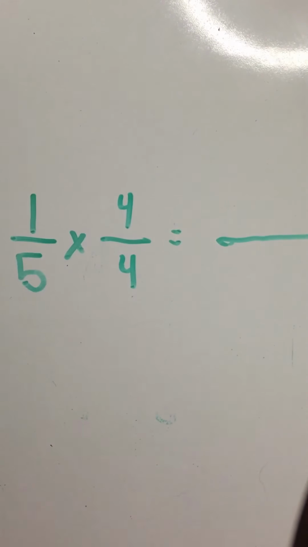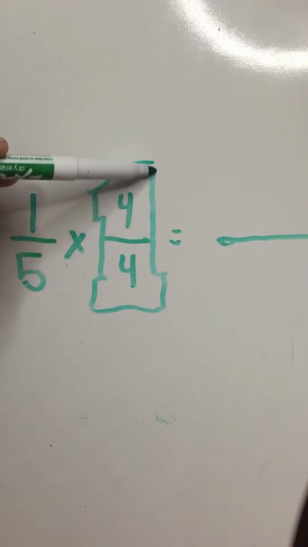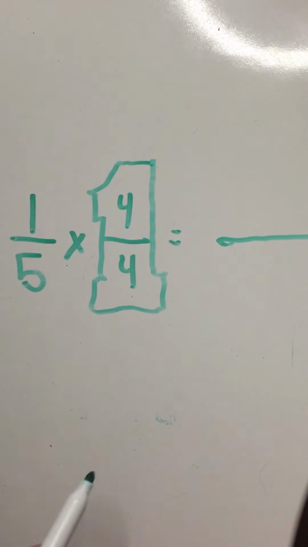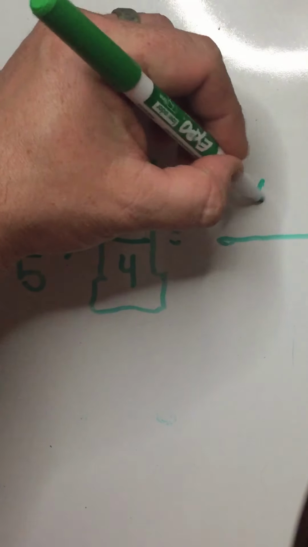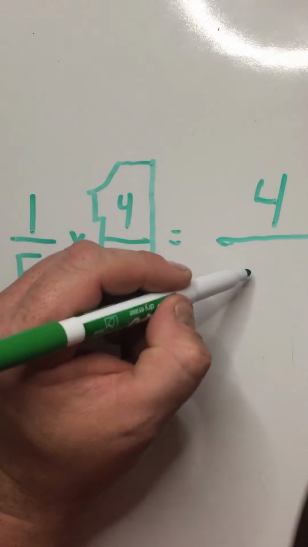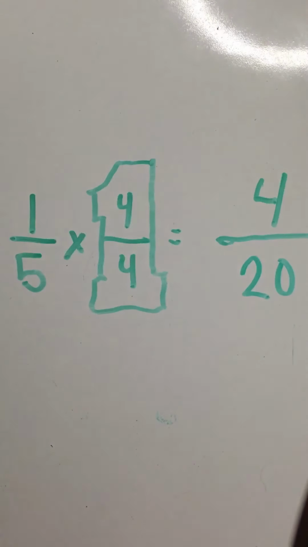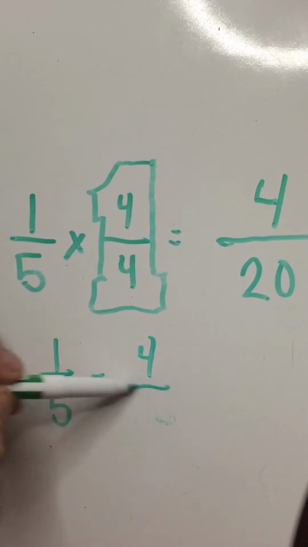It just has to be a number over itself because it has to equal 1. Now all I need to do is multiply 1 times 4 is 4, and 5 times 4, which equals 20. So 1/5 equals 4/20.